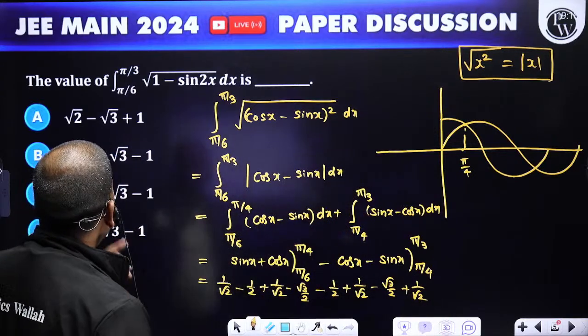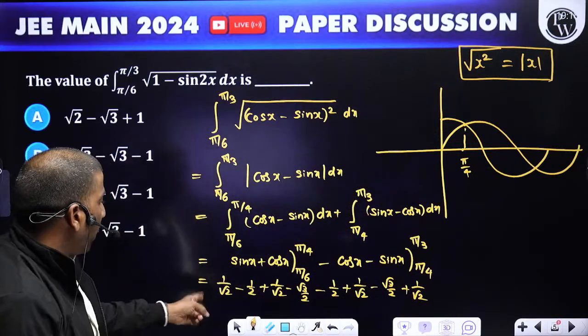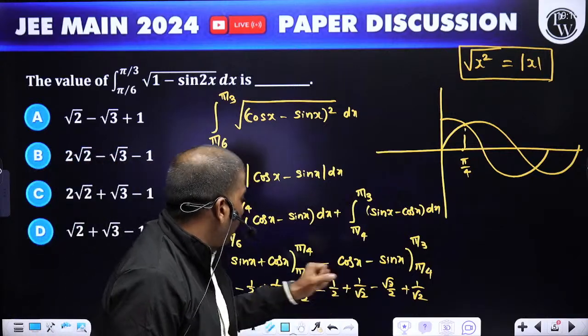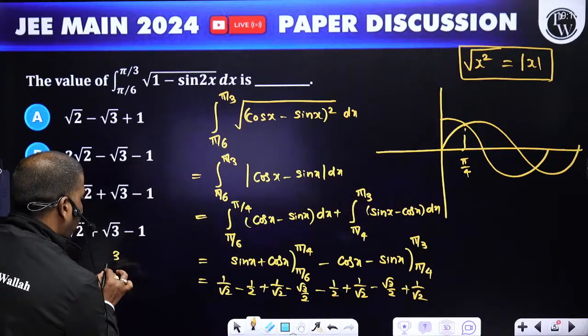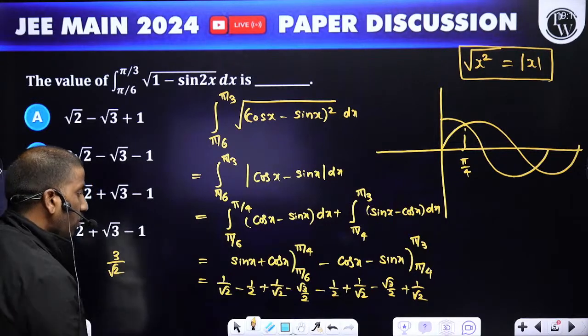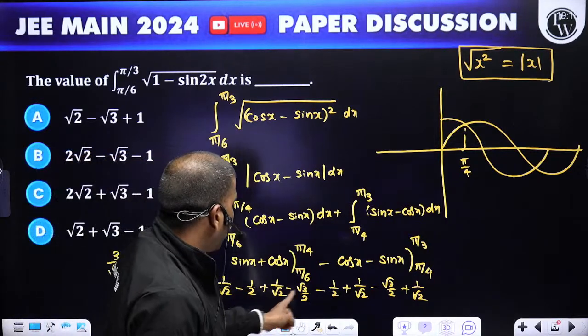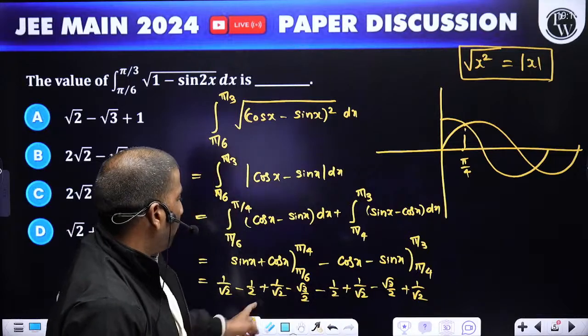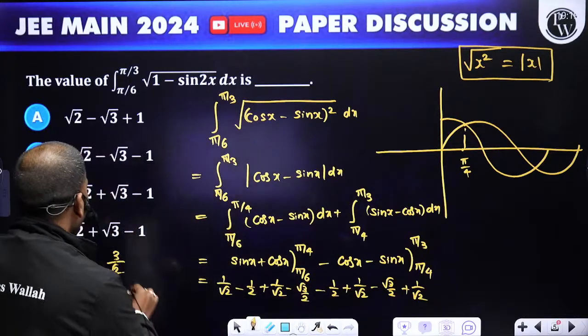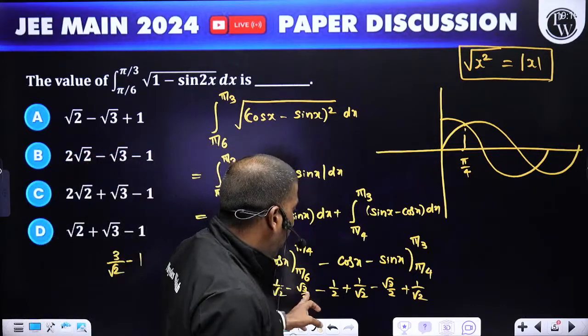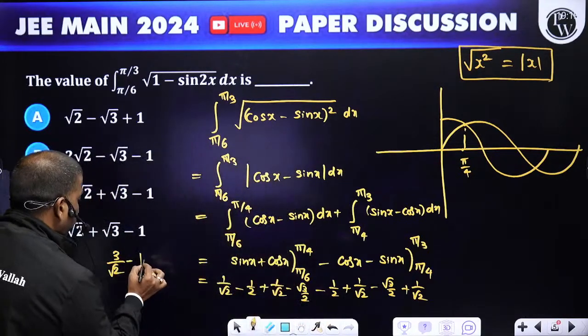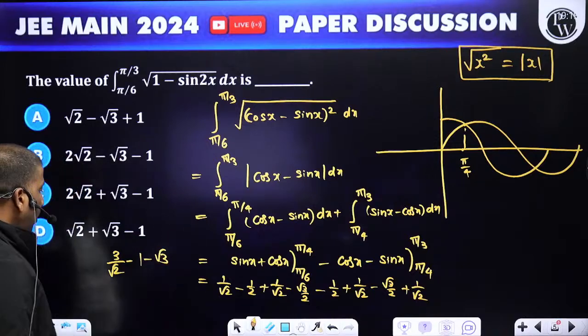Just simplify: 1 by root 2 three times. Next, minus 1 by 2, minus 1 by 2, that is minus 1. Next, minus root 3 by 2, minus root 3 by 2, so minus root 3.